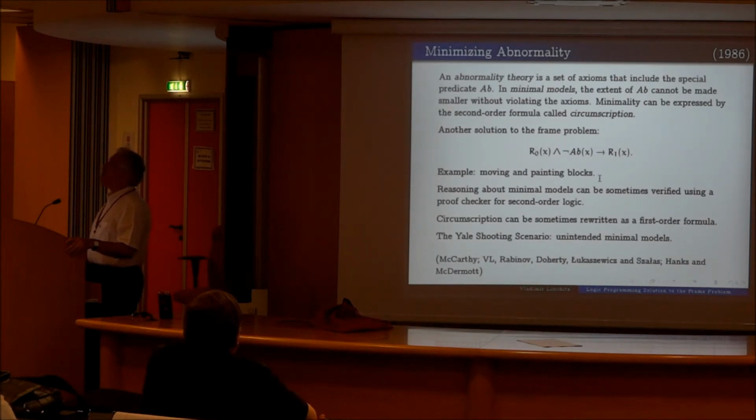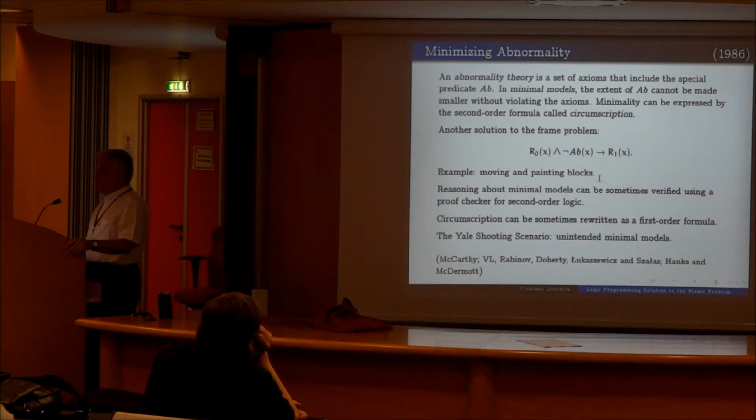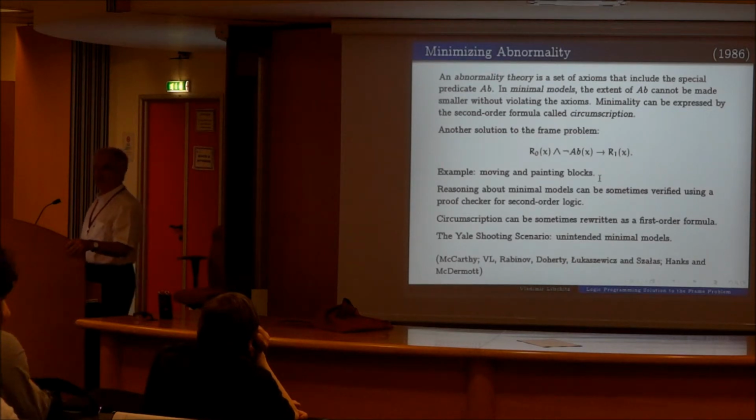So he verified some examples of use of circumscription using this proof checker, but the examples involving his solution to the frame problem were too complicated for his experiments. He was not able to do this, so his solution to the frame problem, along with some other examples, remained unchecked, but just as Reiter's frame default, they looked plausible.